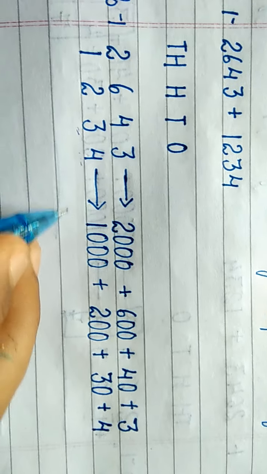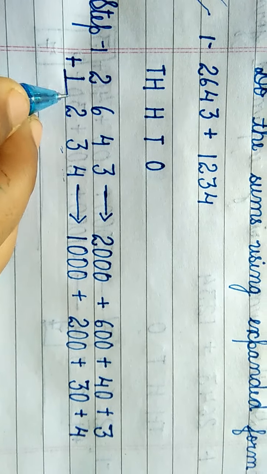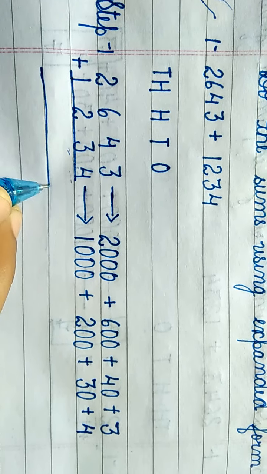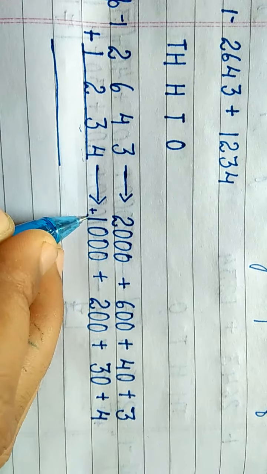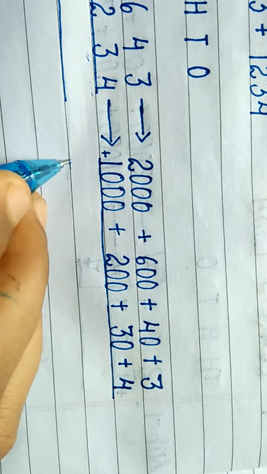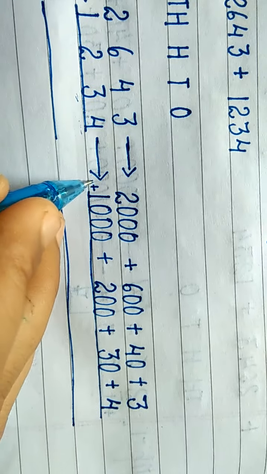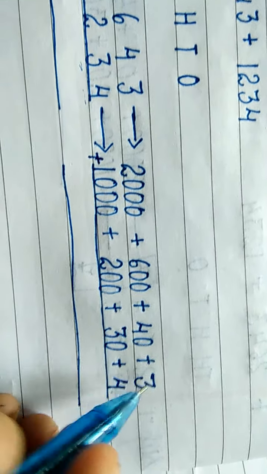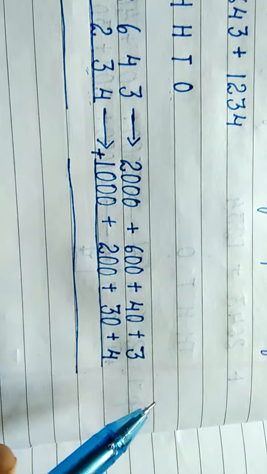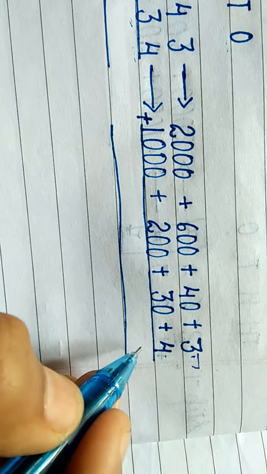Okay, student. Now we will add it. You can see like this. We will start from the ones place in expanded form. 3 plus 4 is equal to 7.